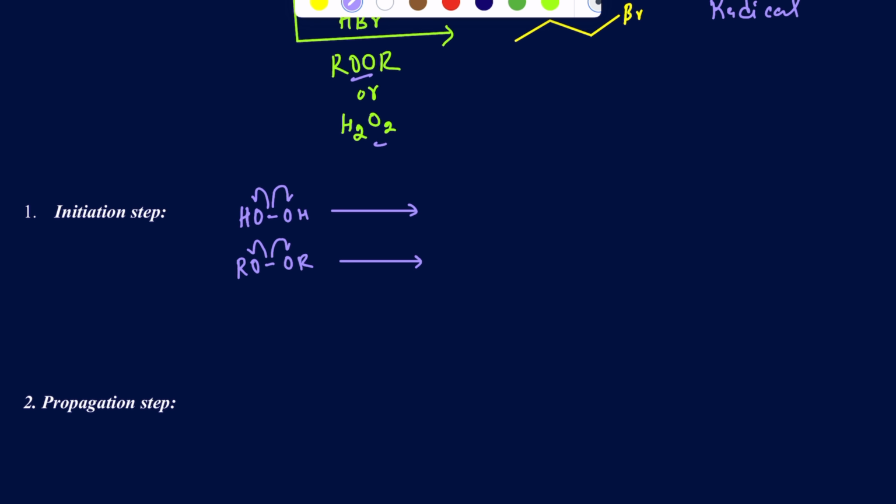So then at the end of the day, I create this radical here. So remember, your oxygen already has two lone pairs of electrons to begin with. So I can go ahead and draw those here just to see them better. But then when you break the bond, you will have one electron going onto one oxygen and the other electron going onto the other oxygen.